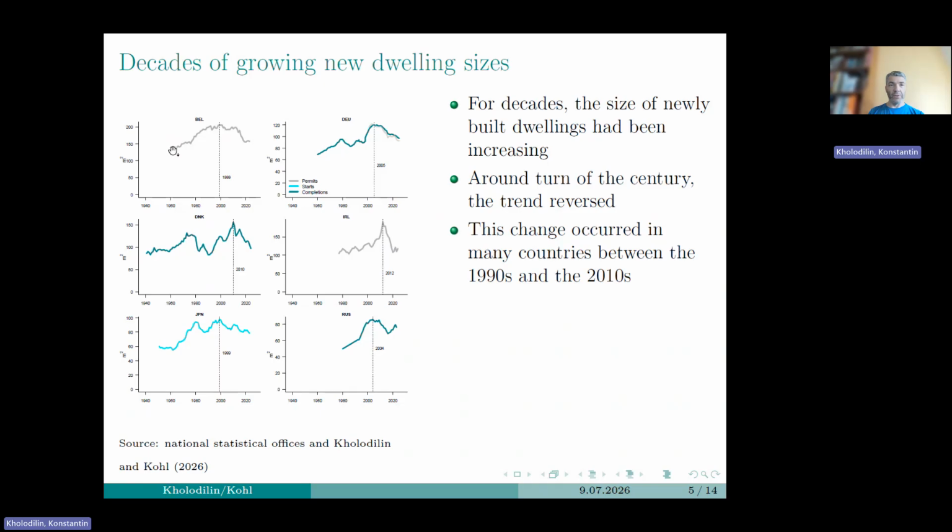In the case of Belgium, the average newly built housing size was less than 150 square meters around 1965, and by 1999 it attained 200 square meters. Same thing in Germany, from 70 square meters to 120. Same thing in Denmark, from 90 square meters to 150. Same thing for Ireland, for Japan, and for Russia.